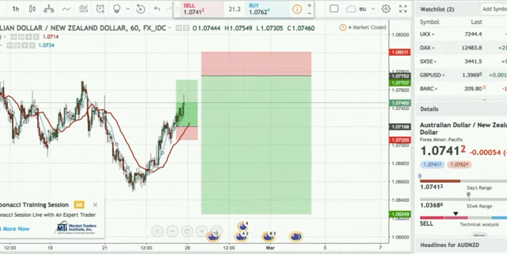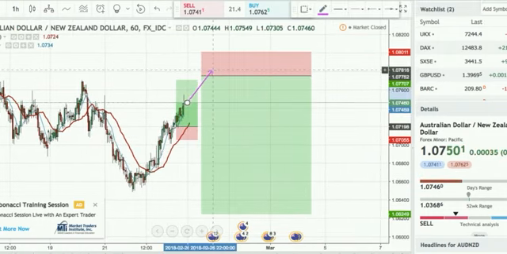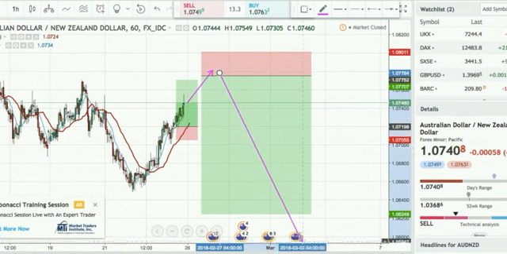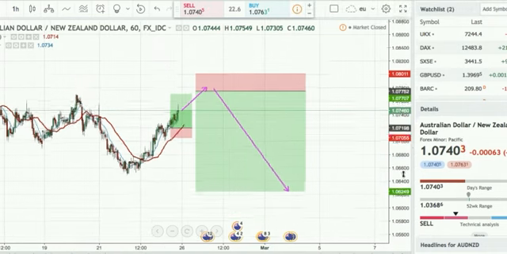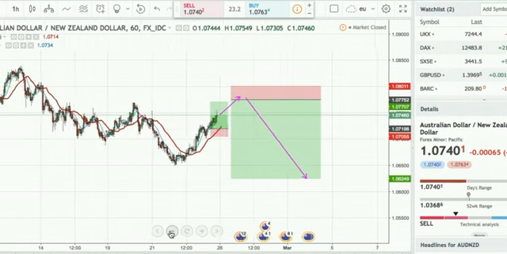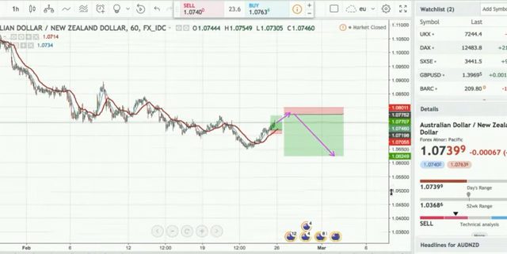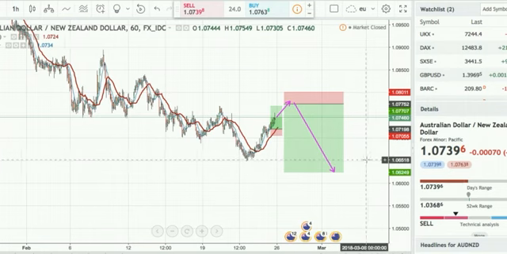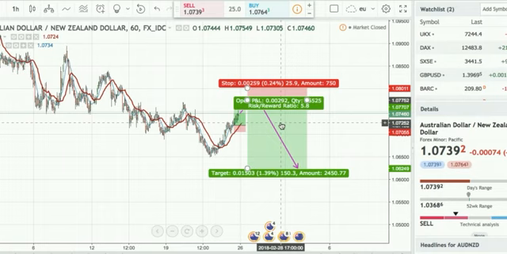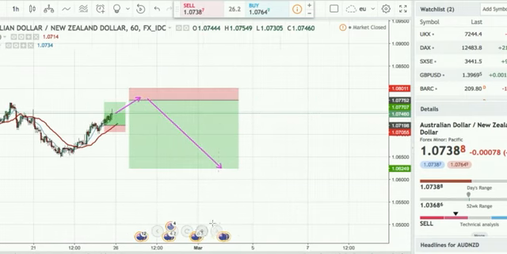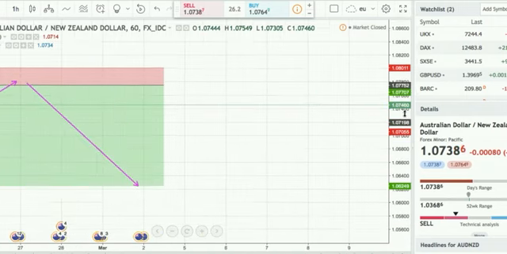So let's see how this trade pans out. We should be hoping for a move like this. As this price actually, there we go. So we can complete a quick 50 pips from last week, and then hopefully we can enter into a nice, solid, decent trade, because the Aussie New Zealand dollar is definitely weak on a long-term basis.